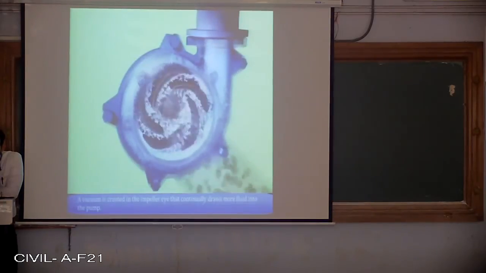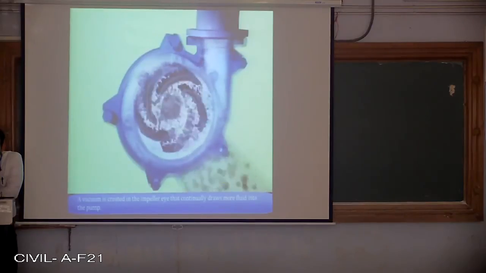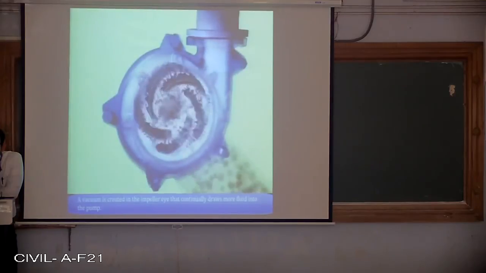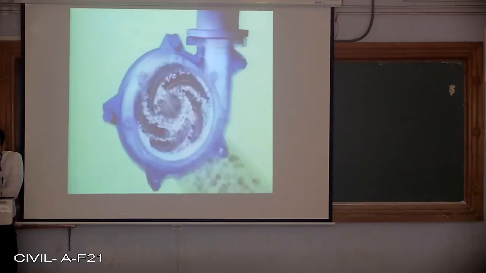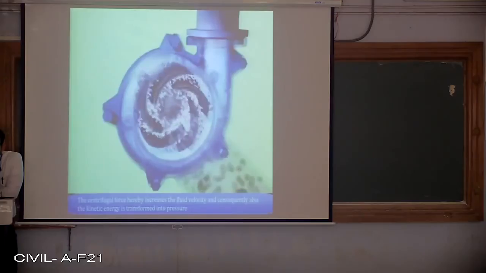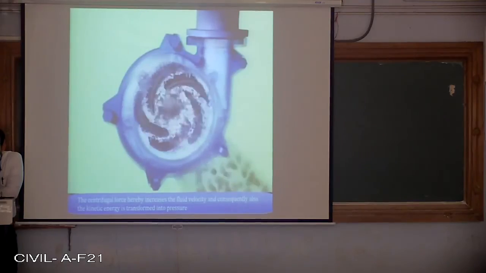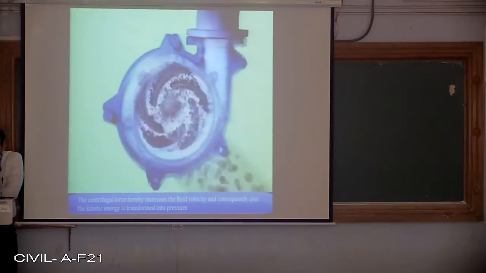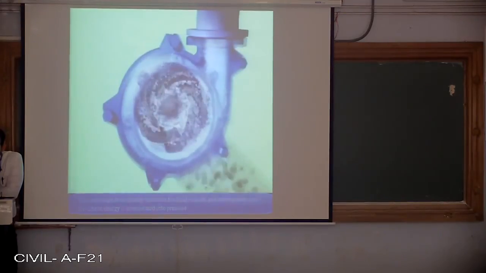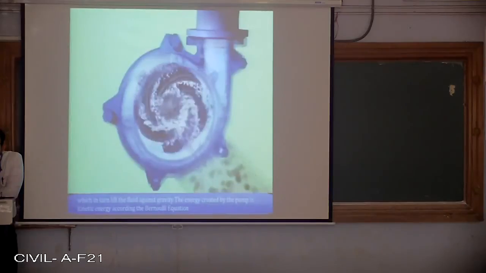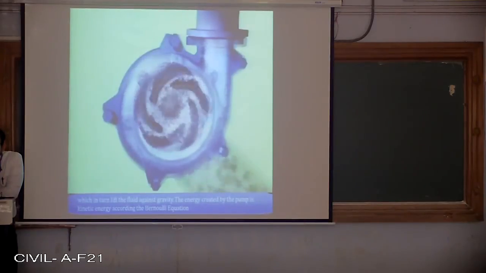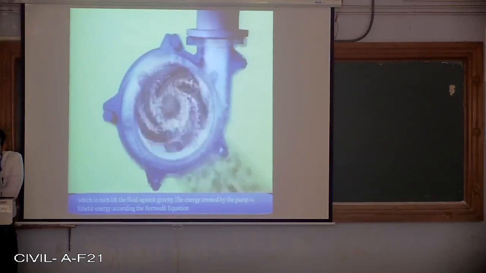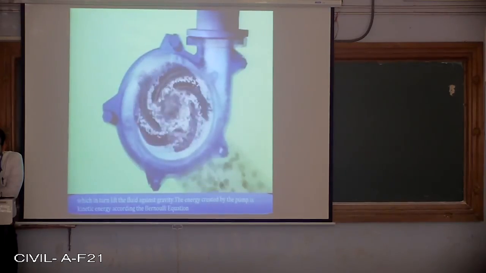A vacuum is created in the impeller eye that continually draws more fluid into the pump. The centrifugal force hereby increases the fluid velocity, and consequently the kinetic energy is transformed into pressure, which in turn lifts the fluid against gravity.